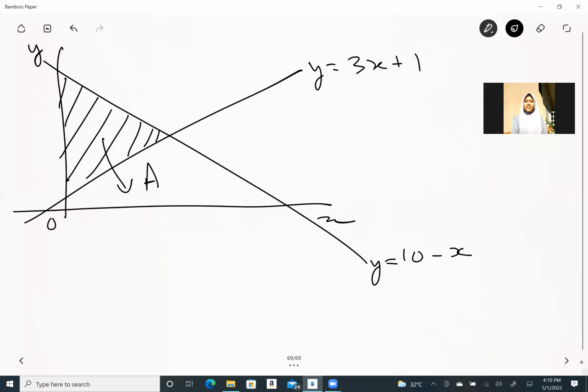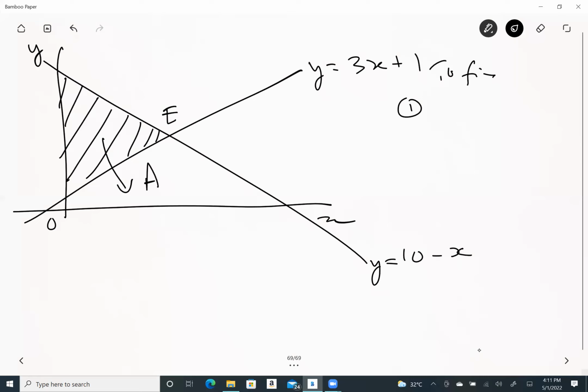Okay, I got it. So first, what you need is you need to find that intersection. We call it that point E. So number one, in order to find A, what I need is you need E. What is the point E?